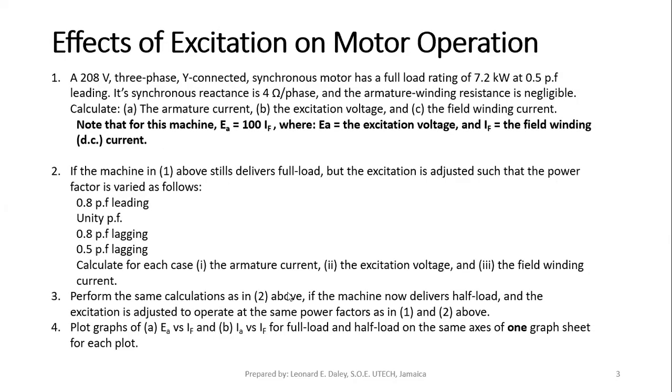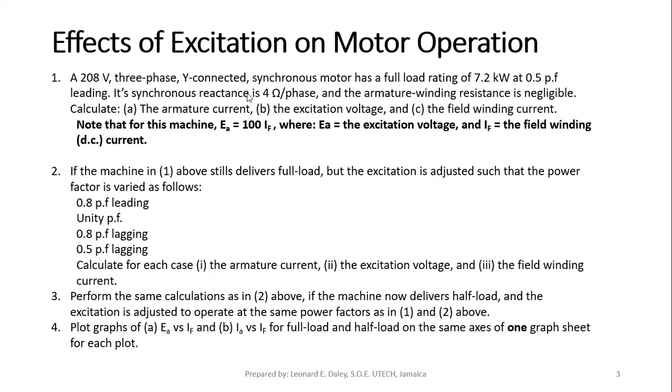All right, so to look at this particular effect, the effect of excitation, we're gonna be looking at it by use of an example. So we'll be looking at a three-phase Y-connected synchronous motor, which has a full load rating of 7.2 kilowatts at 0.5 power factor leading.